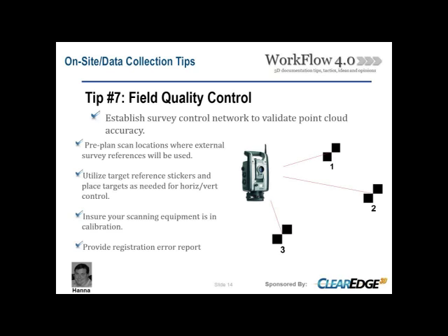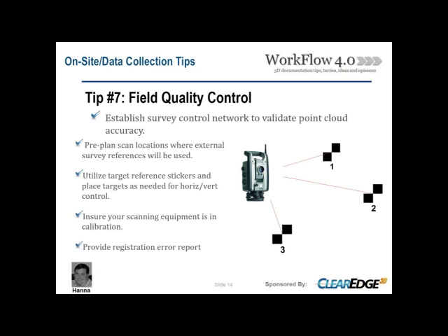You're on the hook for providing your client with an accurate data set. They're designing and building around your point cloud. You really need to ensure that you're giving them a data set that is accurate within the specified tolerance of your project. So having a check in place using survey control is of paramount importance.